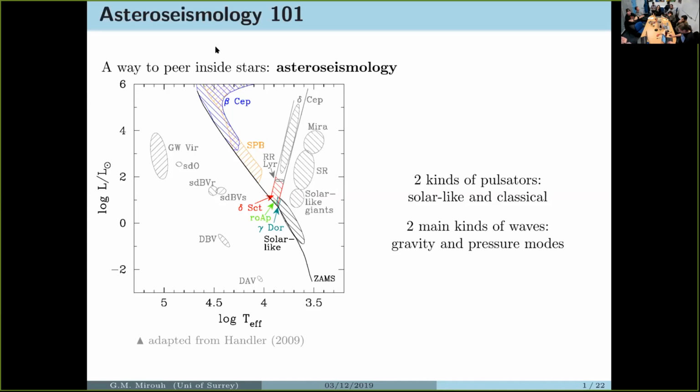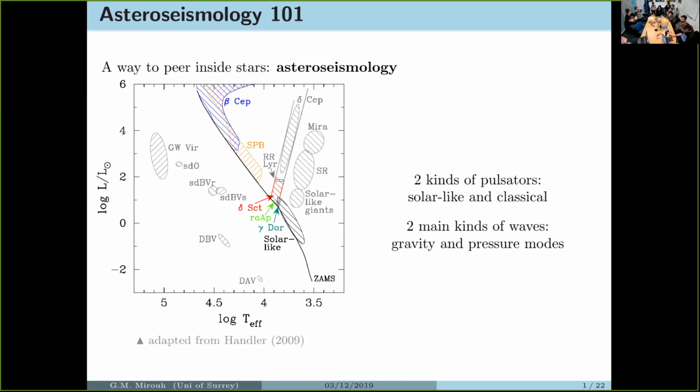But classical pulsators also include compact pulsators. So in this plot here, you have the sdB, sdO, subdwarf B and O stars. The DAV, DBV are white dwarfs. I'm not going to make the difference between these two kinds of white dwarfs. They share a common excitation mechanism, almost all of those classes. That's why they're packed together.